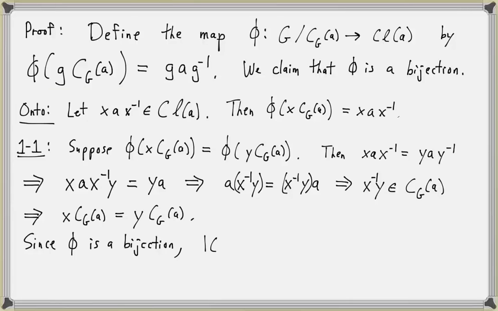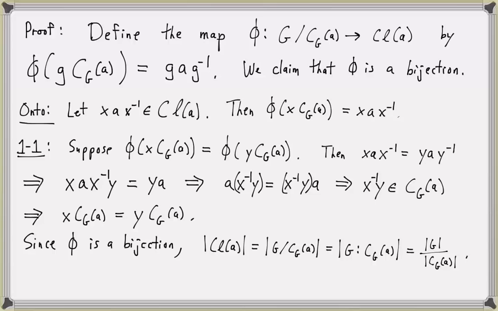So we see that the order of the conjugacy class of A would equal the order of the set of left cosets, and the number of left cosets is by definition equal to the index of the centralizer in G. And so that proves the lemma, but we can say that since G is finite, this equals the order of G divided by the order of the centralizer of A. And from this last equation, we see that the order of the conjugacy class of A actually divides the order of G.